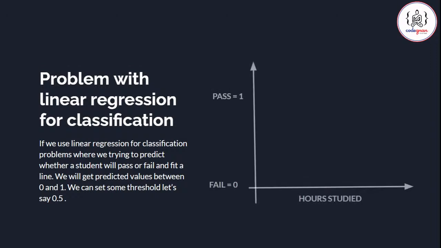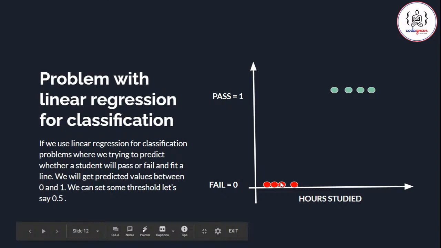Now let's see what will happen if we apply linear regression here. So here I have these points in red where these students failed based on the number of hours they studied, and the points in green passed the exam.